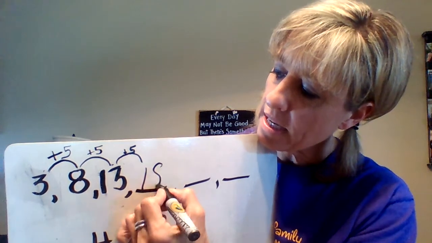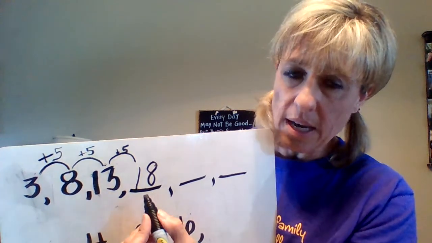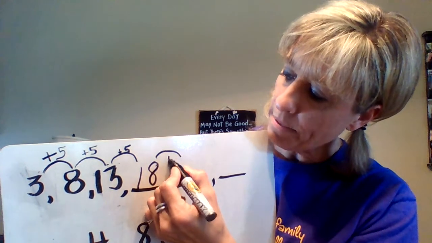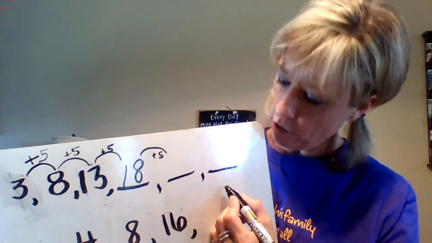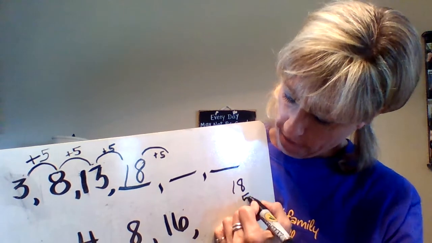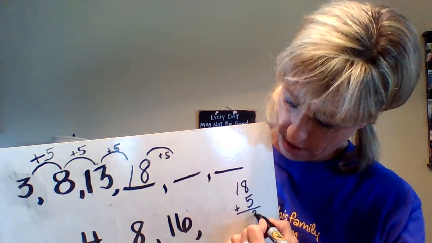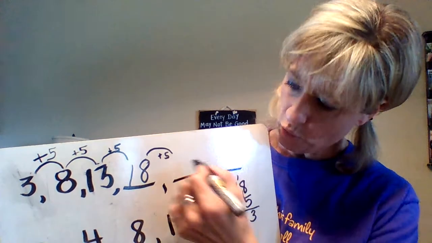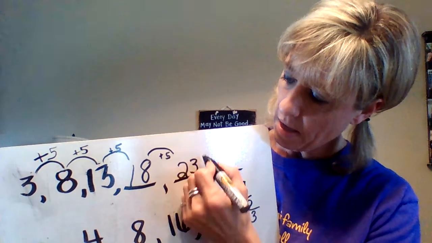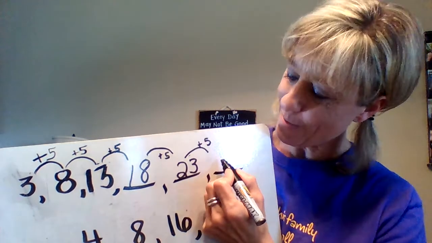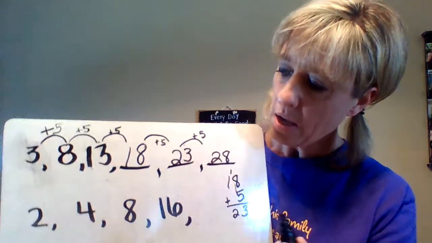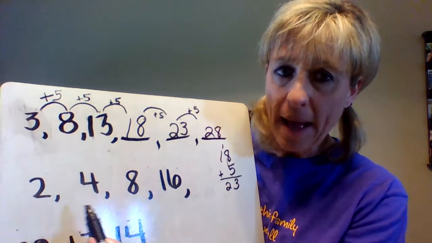Okay, if you guessed 18, you are correct. 18, we do the same thing, plus 5. Okay, and if you have to write it over here, if you don't want to count on your fingers, you can do that. It's 23. And 23 plus 5 is 28. Good job.